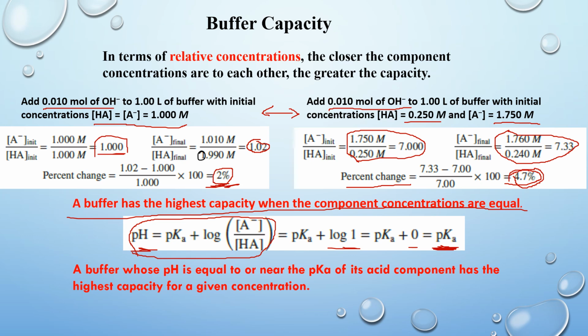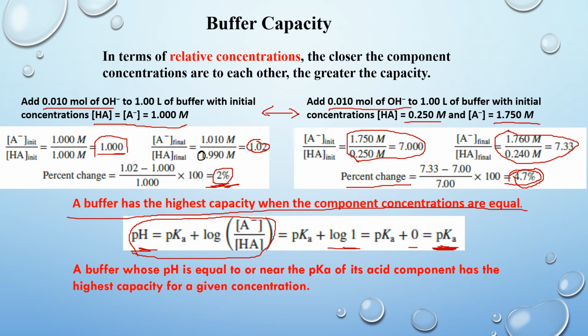So that means when you try to decide what type of buffer you want to use for your system, it depends on the pKa of the acid and the ideal pH you want to use, right? Say you want to run this experiment at a pH equal to, say, 5.